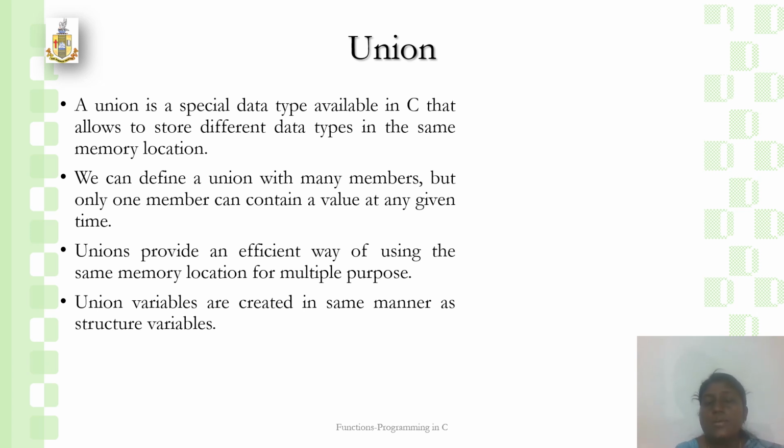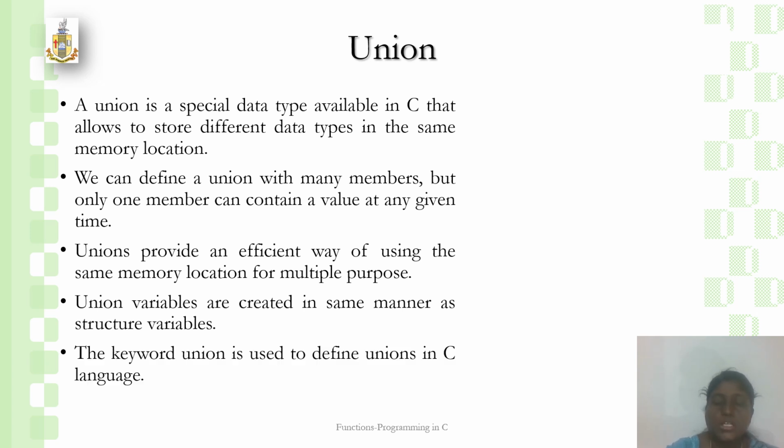In a structure, it will not hold a single value; it will hold all the data members. In a union, only one member can contain a value at any given time. Unions provide an efficient way of using the same memory location for multiple purposes.